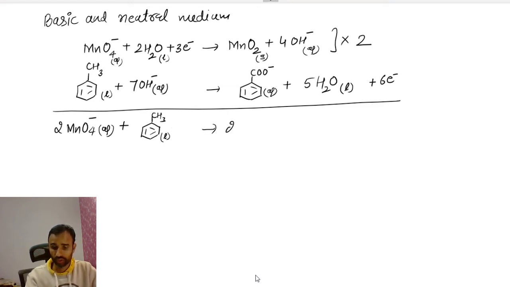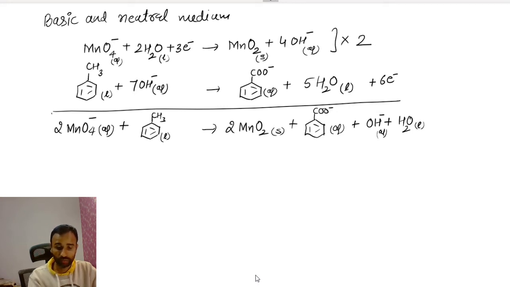So it is 2 MnO2 solid plus benzoate ion plus how many OH negative ion? 1 OH negative and total 1 H2O, right?